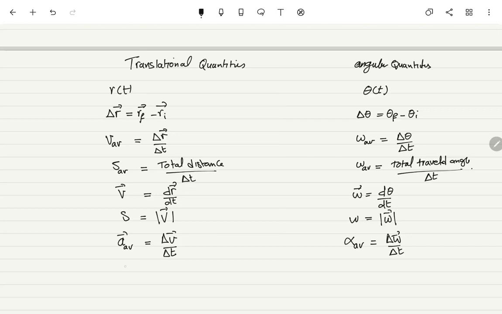And finally, the instantaneous acceleration is equal to dv by dt. Now instantaneous angular acceleration for this case equals d omega by dt. As we can see here, this is a comparison between translational quantities and angular quantities.